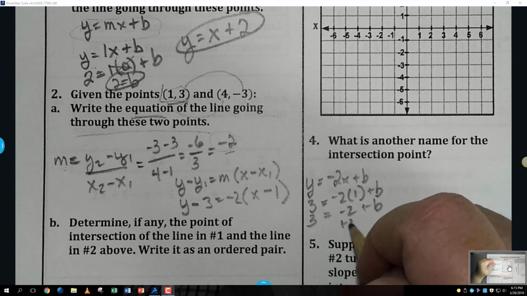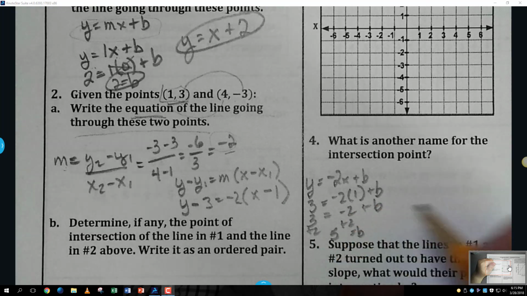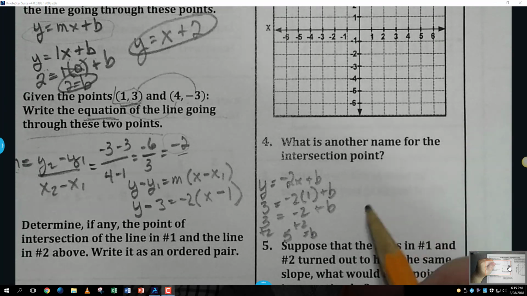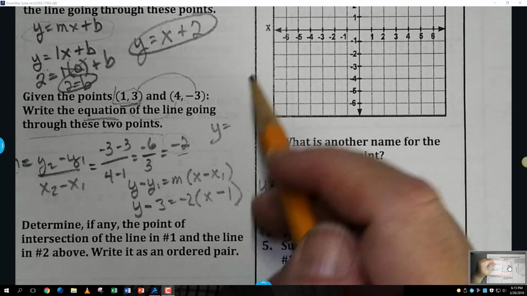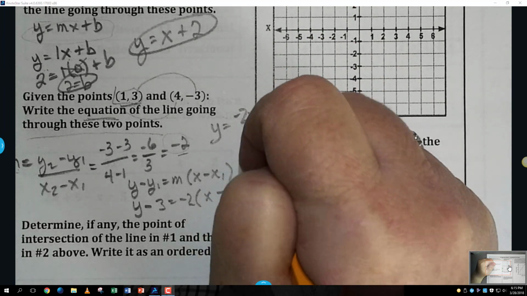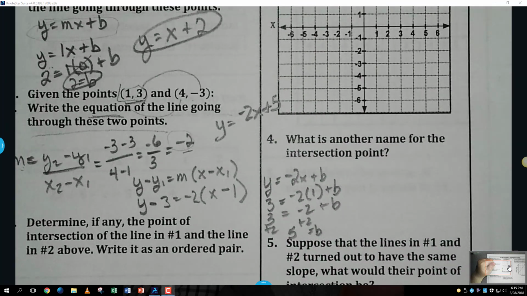And I add 2 to both sides, so b equals 5, right? So then the other equation that you might write is y equals negative 2x plus 5. Okay.